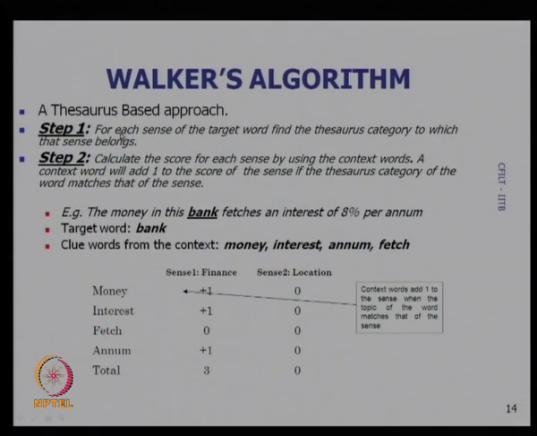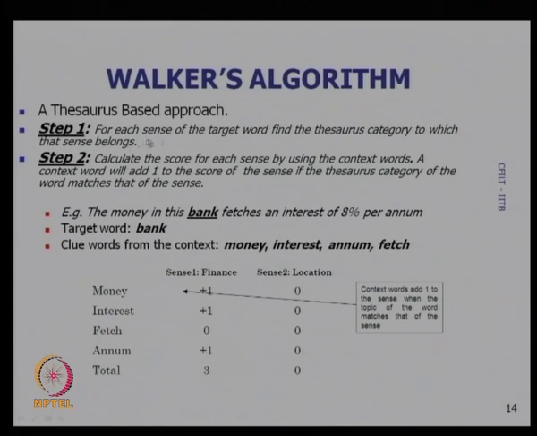They essentially measure the overlap, but give a principled way of scoring a particular sense. So, let us go ahead with Walker's algorithm. This is a thesaurus based approach. Okay. So, this is not really based on WordNet. WordNet may assist this algorithm, which is an interesting idea, but it is based on the thesaurus.